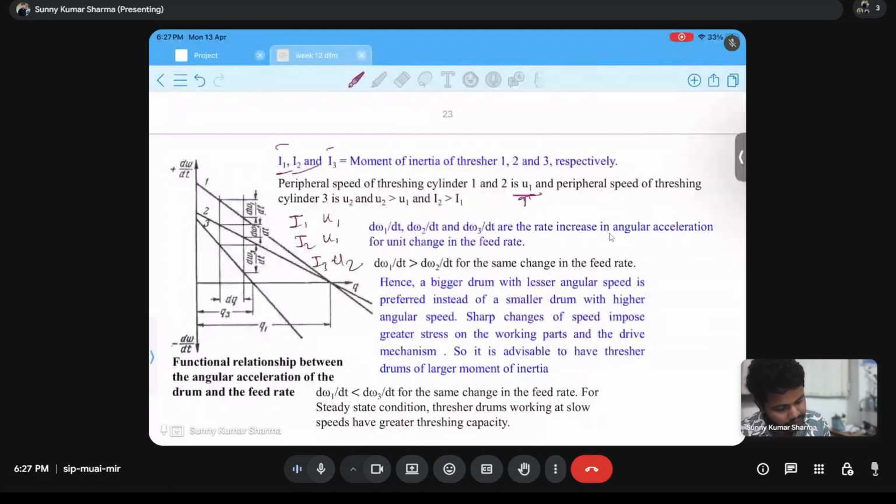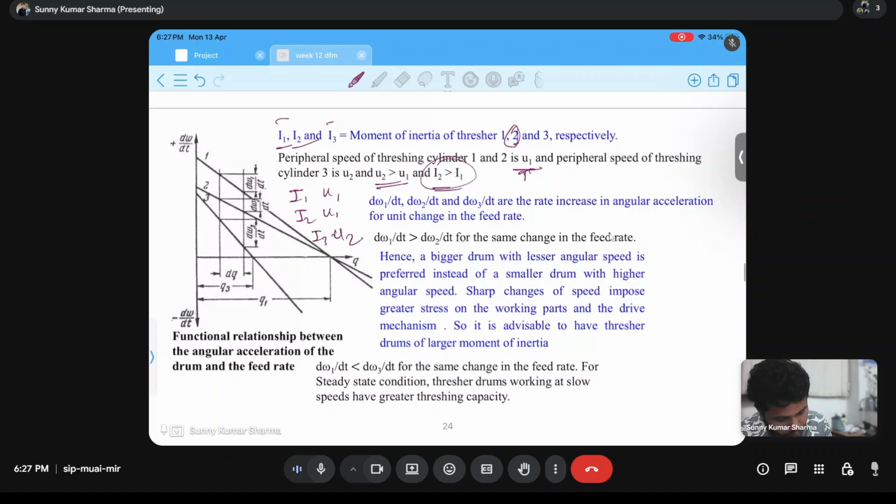U2 is greater than u1, and I2 is greater than I1, means second thresher has more radius. So from this graph it was found that for I2, d omega by dt is very less, and this is the requirement. When d omega by dt is less, that is giving best performance. And in case of I3, you can see d omega by dt is very large.